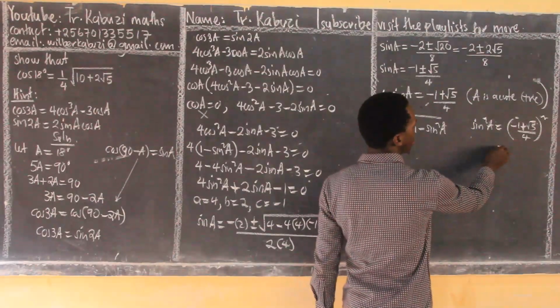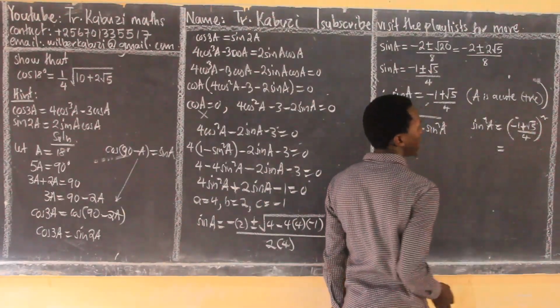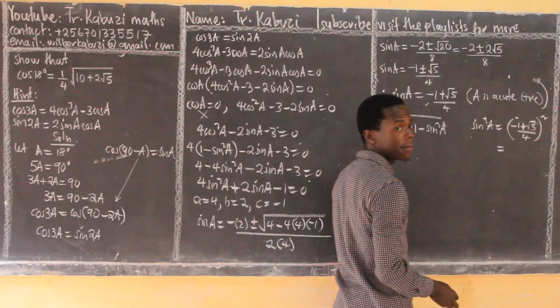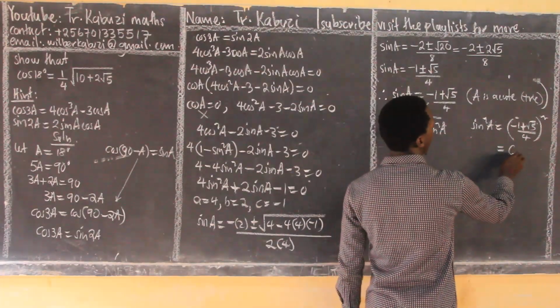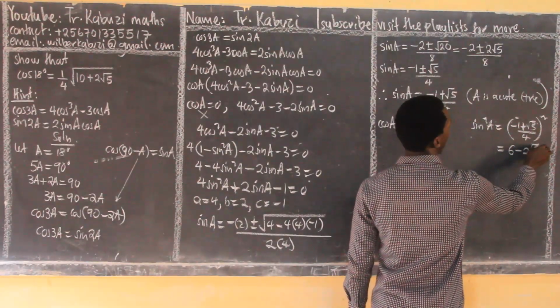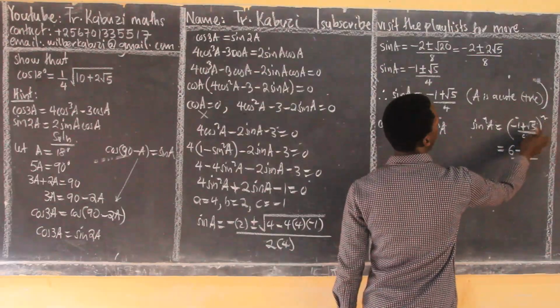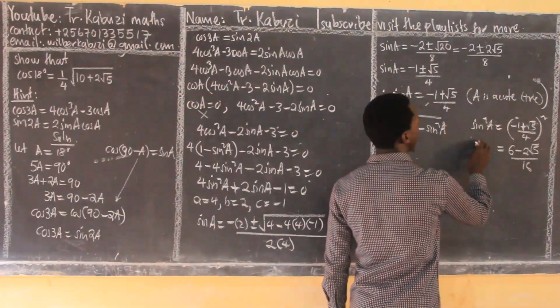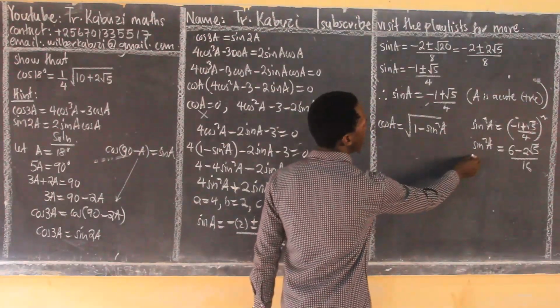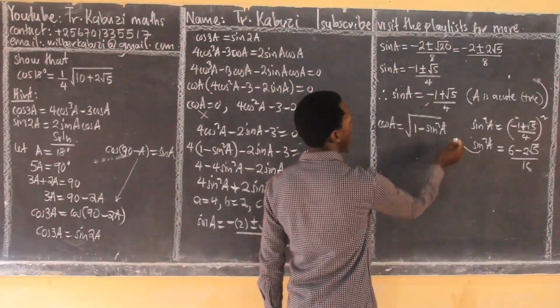If you square that, when you square negative 1 you get 1, when you square root 5 you get 5. So 1 plus 5 you get 6, and then minus 2 root 5 over, when you square 4 you get 16. So this is my sine squared A. Then I'm going to substitute this in there.